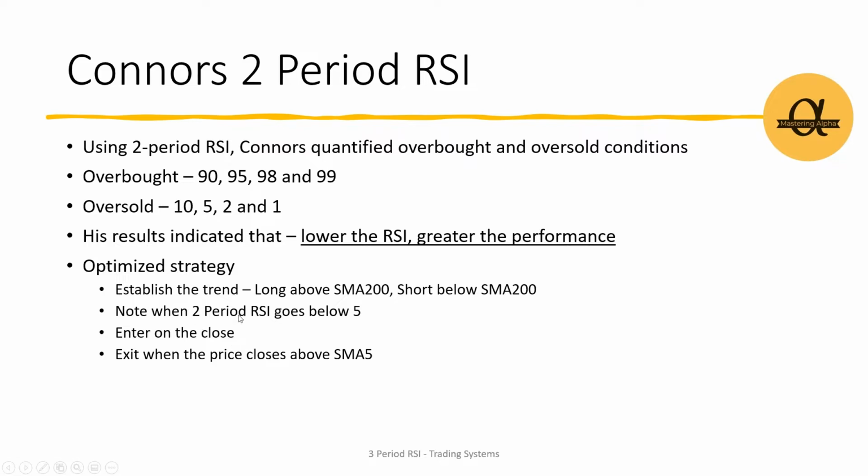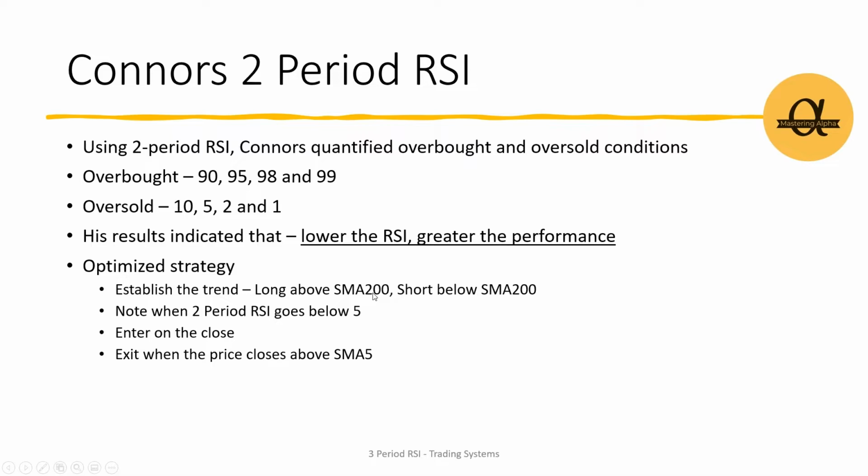But anyway, what he said is, I will establish a trend using SMA 200, the simple moving average 200. If my price is above that, I'm going to look for longs. And if my price is below that, I'm going to look for shorts. When we go long, we'll try to catch bottoms. And when we go short, we'll try to catch tops, all these local tops, right?